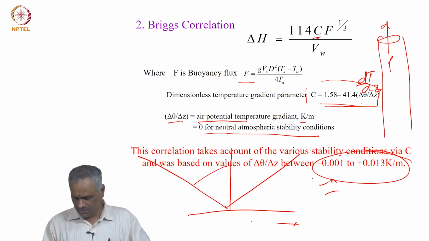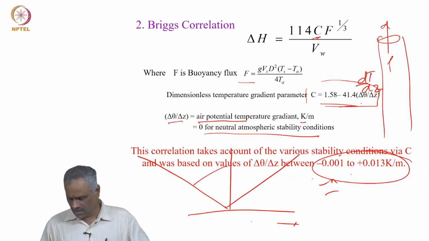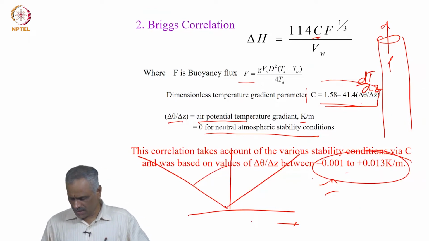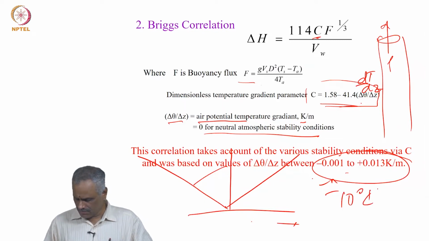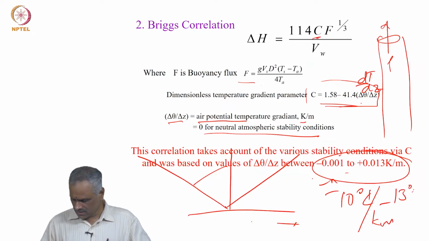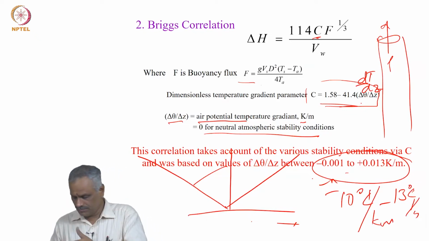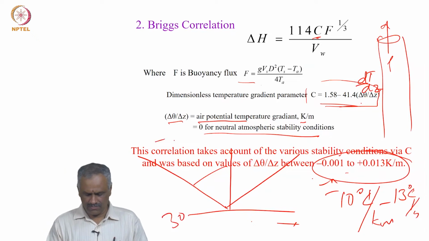This delta theta by delta z is considered in the range of almost 10 degrees Celsius per kilometer to 13 degrees Celsius per kilometer, that is the variation with altitude. I just mentioned 30 degrees here, minus 50 here.